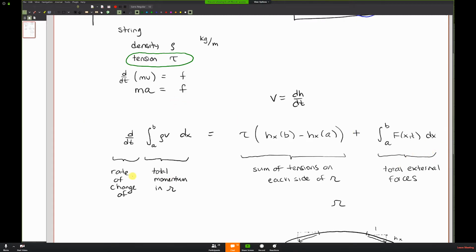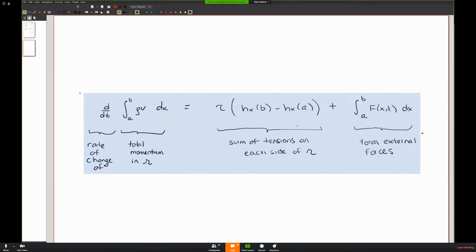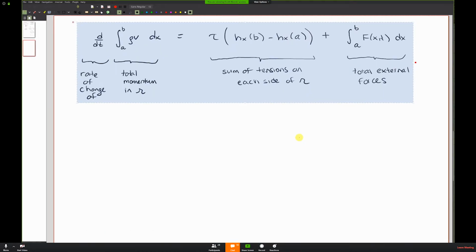What can we do with any of this? This is just like the diffusion equation. Let me highlight this and copy it and then start a new page and paste it. Just like the diffusion equation, this is an accurate statement of conservation of the quantity we're interested in, conservation of momentum this time.